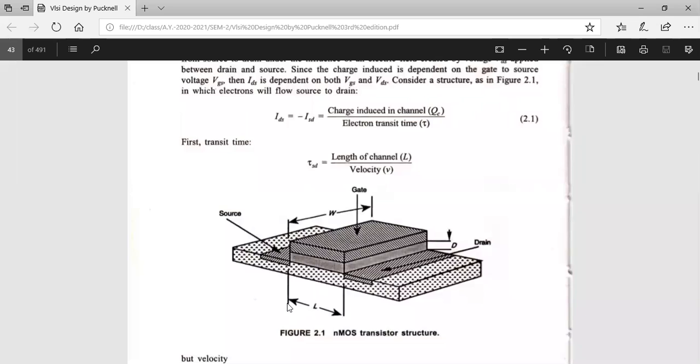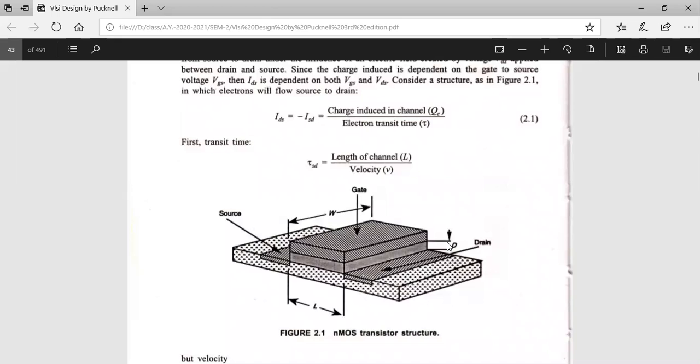So far you have seen that L is the distance between the source and the drain, which we call the channel length, and W is the width of the channel, how much length it is under the gate. And capital D is nothing but the thickness of the silicon dioxide, which will be above the channel and below the gate area.